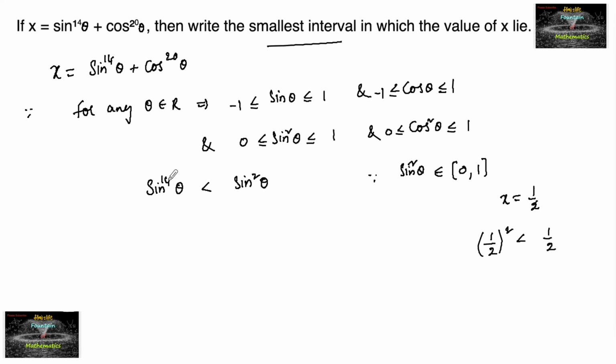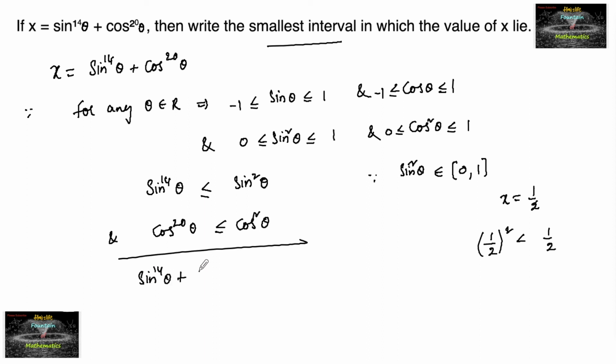So we can consider sin power 14 theta is less than or equal to sin square theta, and similarly cos power 20 theta is less than or equal to cos square theta. Then if you add these inequalities, you will get sin power 14 theta plus cos power 20 theta is less than or equal to sin square theta plus cos square theta. And we know that sin square theta plus cos square theta is 1. So we can conclude that sin power 14 theta plus cos power 20 theta is less than or equal to 1.